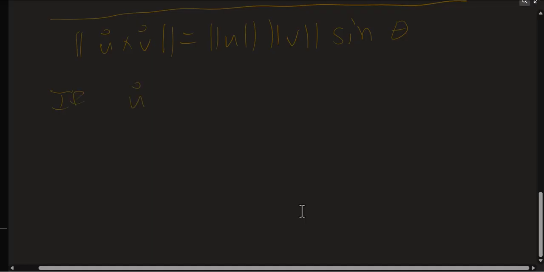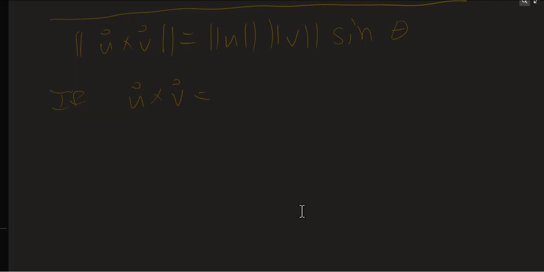If u cross v equals 6i minus k, and the magnitude of u is 3, and the magnitude of v is 1, what is theta?